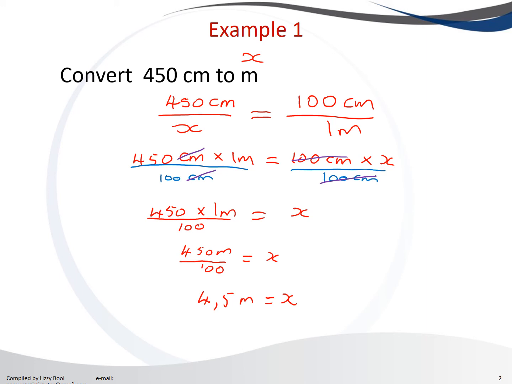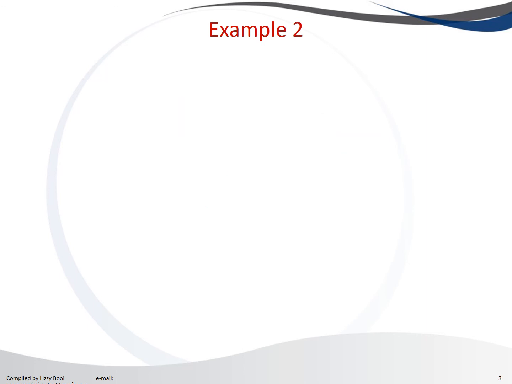Let's look at another example. Let's convert from meters to millimeters. Now we're moving from a bigger to a smaller unit. And when we're moving to a smaller unit, remember, we multiply by the appropriate 10.